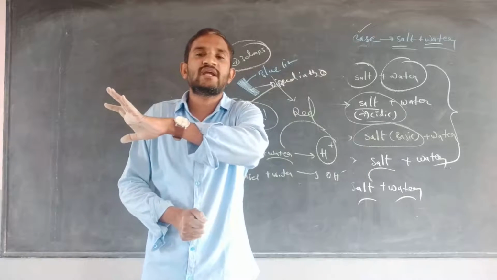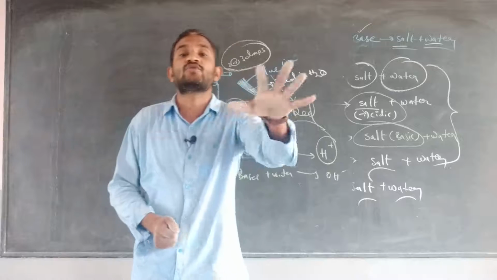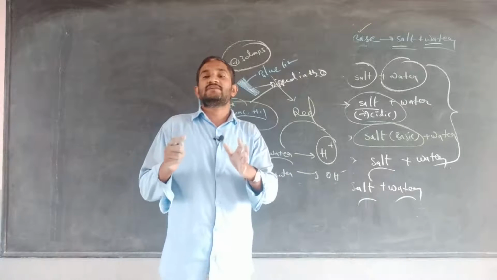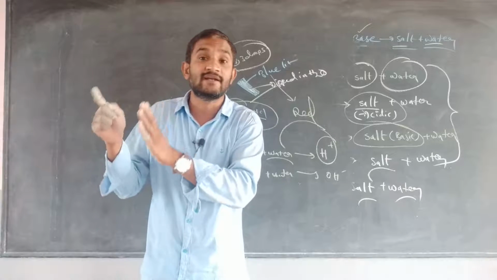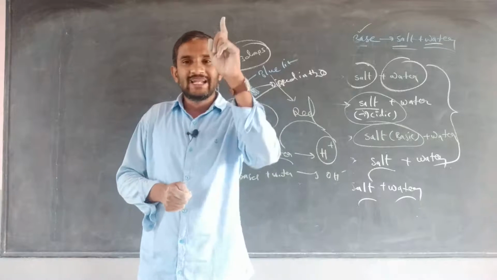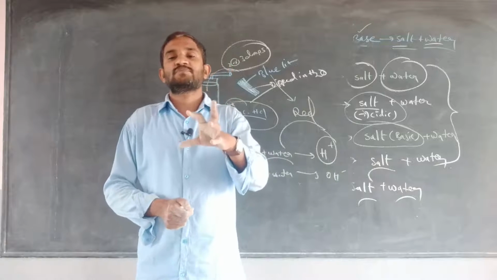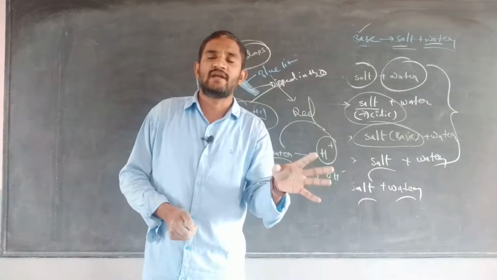There is no chance for concentrated acids and bases to change blue or red litmus colors. Only dilute acids and dilute bases will change the litmus papers.